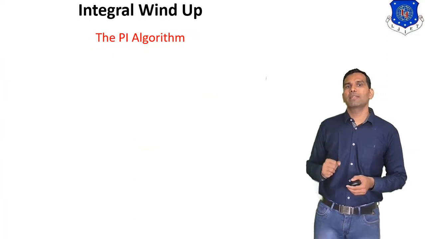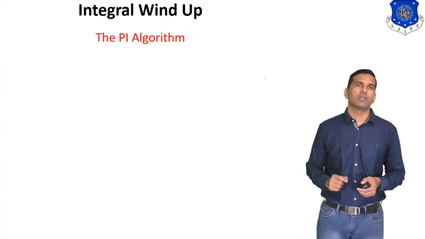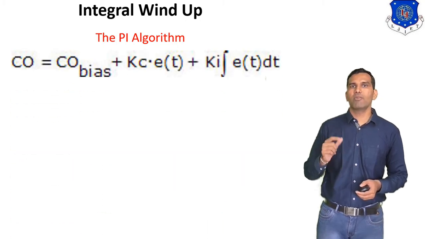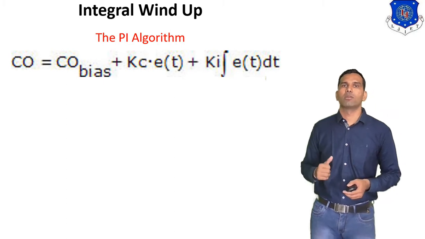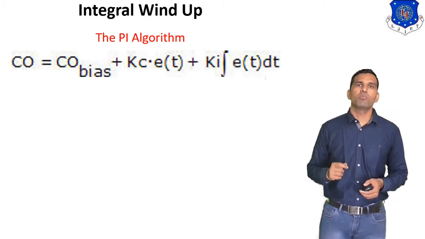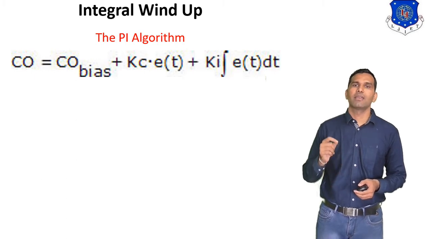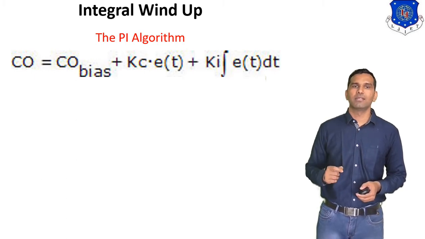So here we take the example of the PI controller, that means the proportional plus integral algorithm. This is the general equation of the PI controller: CO = CO bias + Kc e(t) + Ki ∫ e(t) dt.